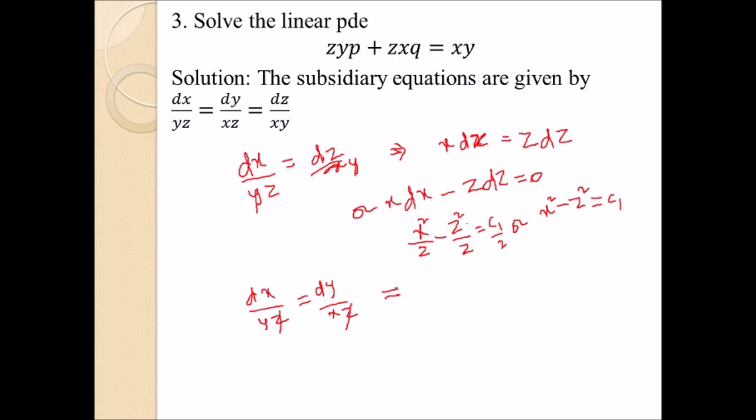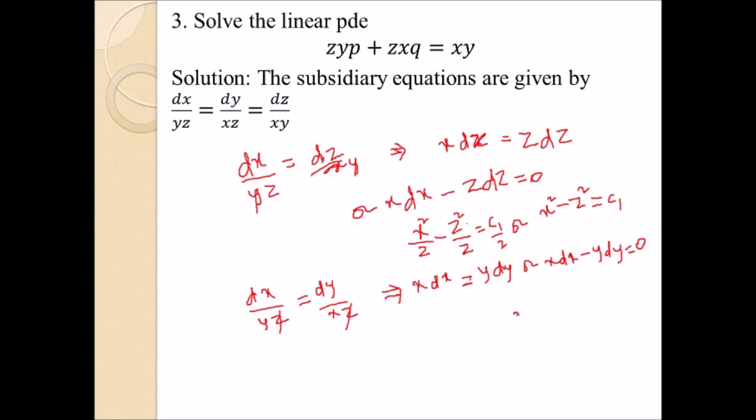Cancel out the z term, so we get x dx equals to y dy, or x dx minus y dy equals to 0.